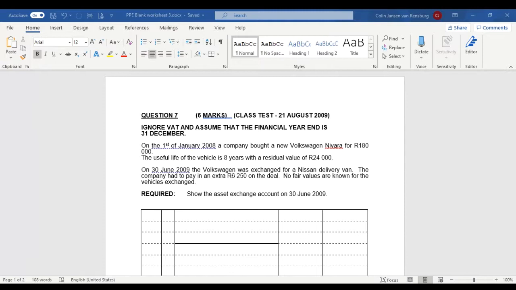So this is now question 7. It's in the PPE handout that you will find under content. And then I think the subfolder is called notes and question banks. Yes, notes and question banks. So anyway, question 7 there. So let's have a look at this.